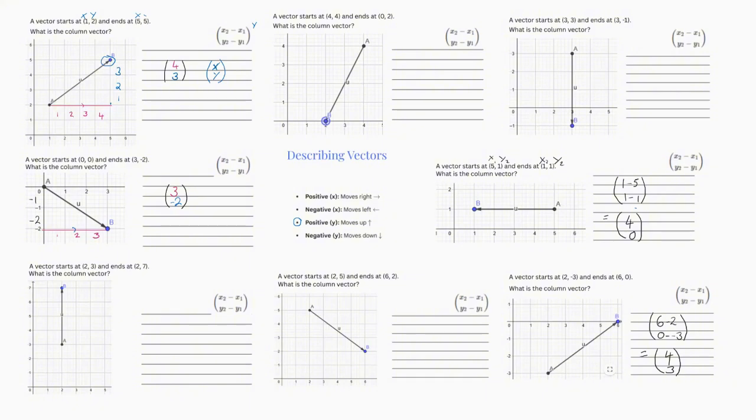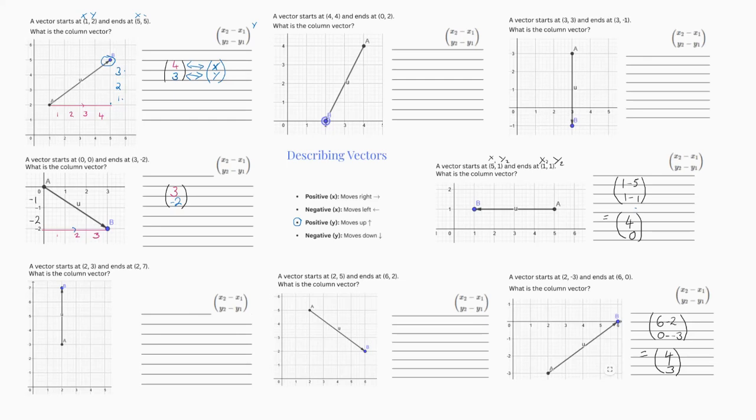So we go up 1, 2, 3. So we know our y is 3. And our x is 1, 2, 3, 4. And that goes there. It's as simple as that.